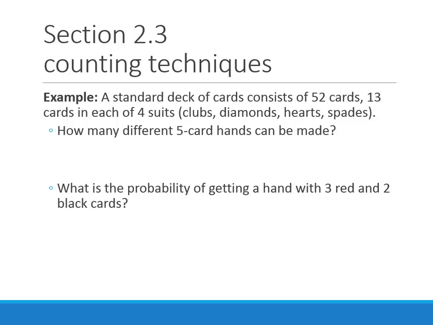I don't care what order the cards are in. I just want to know how many different ways I can do that. So unordered means I'm going to do a combination. There are 52 total cards, and I want to choose 5 of them. So 52 factorial over 52 minus 5 factorial times 5 factorial.